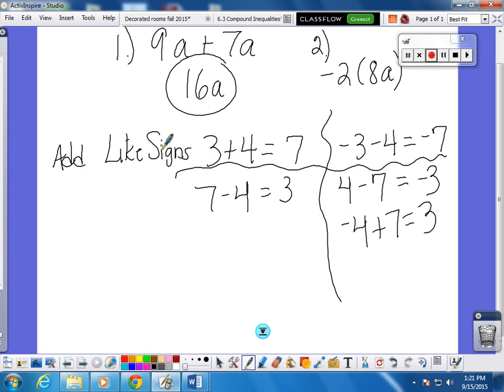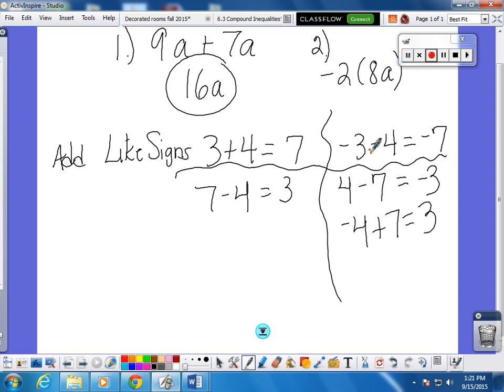It's like this. Owing money is a negative thing, right? If I owe you $3 and then tomorrow I owe you $4, you're not going to let me off with just owing you $1. You're going to make me pay the whole $7. They're like signs. You add, you put them together.